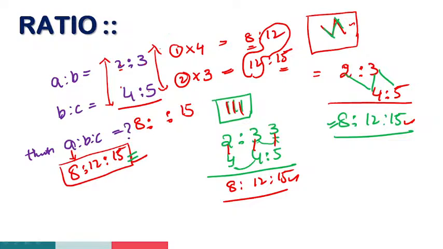If you want to find the B value, 3 into 4, 4 3s are 12. So the answer is 8 is to 12 is to 15. Use different methods, no problem, but finally we will get the same answer. That is how to find the ratios.